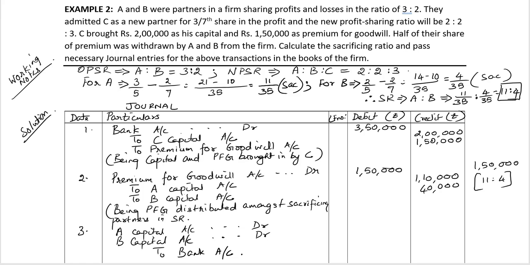A withdraws half of rupees 1,10,000, which is rupees 55,000, and B withdraws half of rupees 40,000, which is 20,000 rupees, totally 75,000 rupees withdrawn by the partners.